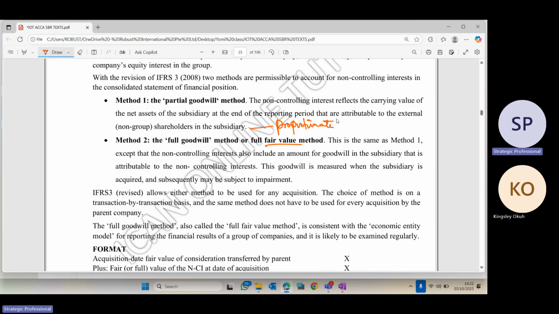From the question, we'll be seeing where they'll be giving us, it is the company policy to measure this by this. The moment you have it is the company policy, let us know that that is what they are already calling for.